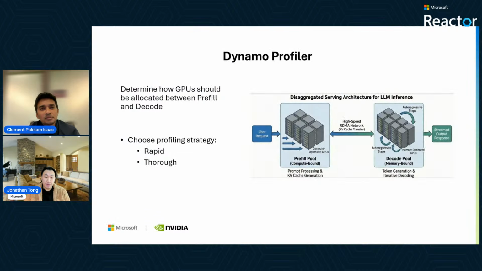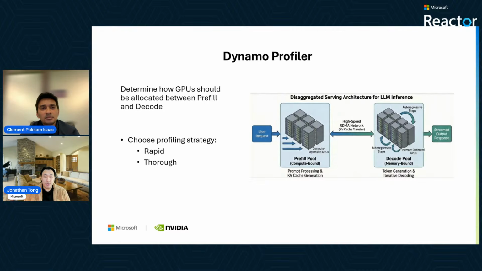For disaggregated serving, for example, it can decide the best split between the prefill and the decode pool, meaning how many GPUs are processing the input and how many are generating the output.